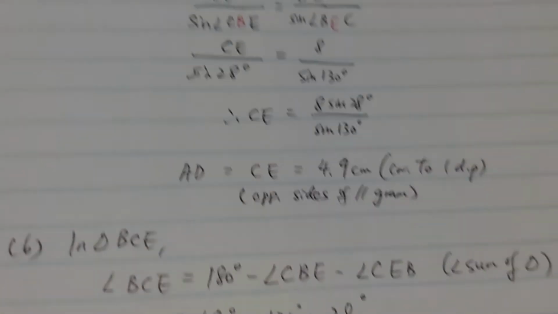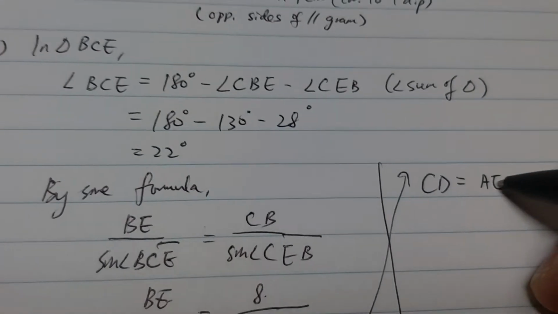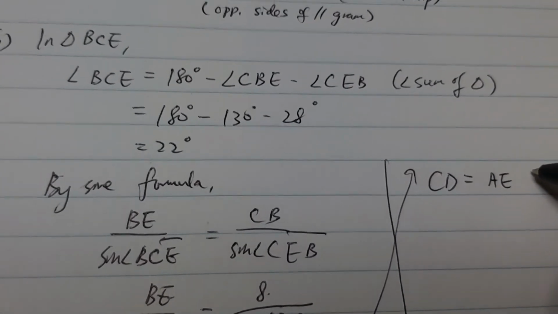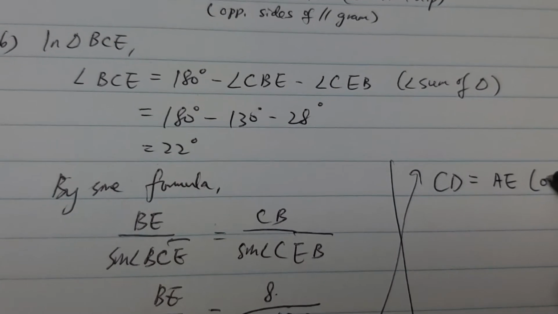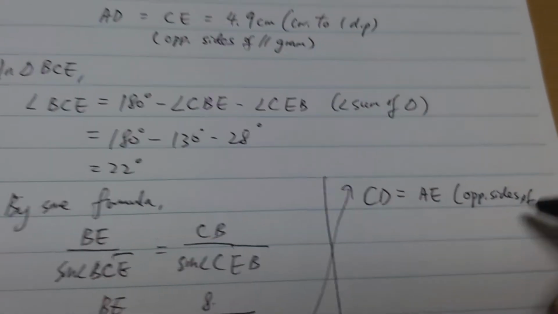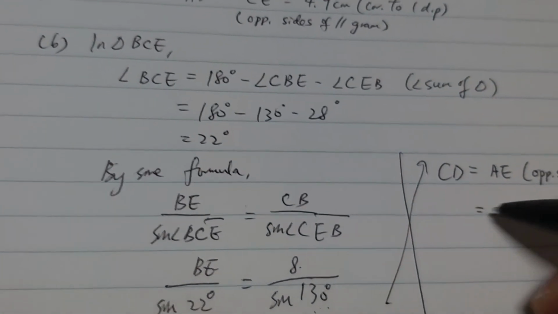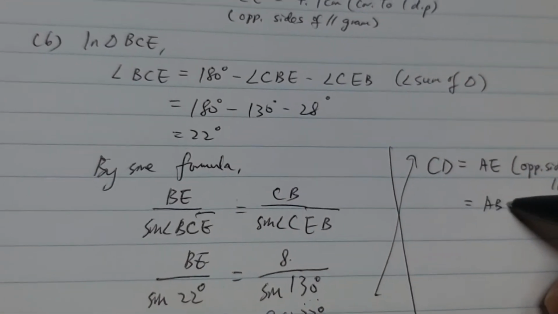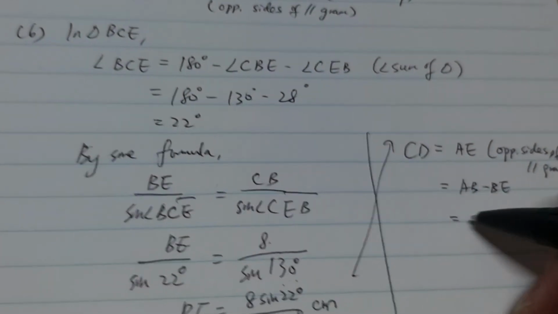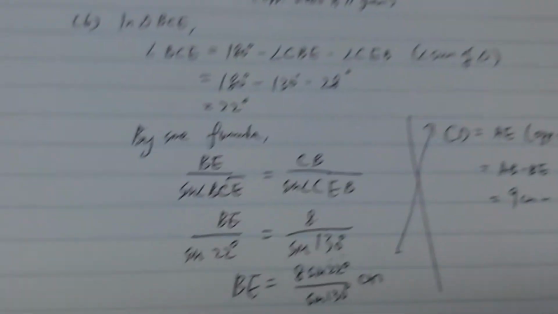So actually CD is AE, again by opposite sides of a parallelogram. AE is AB minus BE, so 9 cm minus this one.